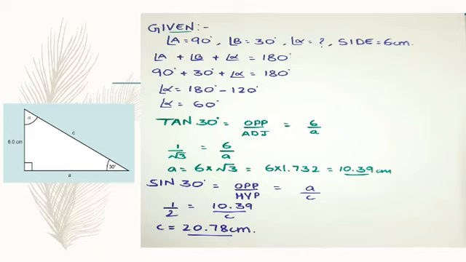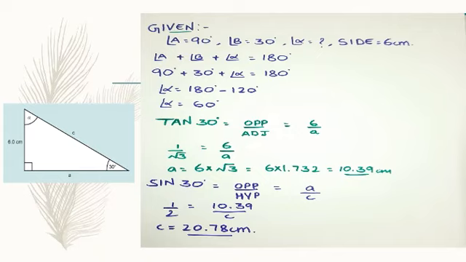Here theta is 30 degrees, therefore tan 30 is equal to opposite by adjacent. The opposite side is given, which is 6. The adjacent side is not given, represented by the letter small a. I substituted as it is. The value of tan 30 is 1 by root 3, that is equal to 6 by a.